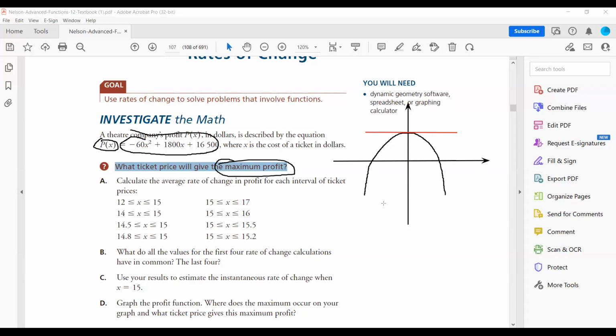For this particular case, this point would be the vertex because we're working with a polynomial function of second degree. When the function reaches its absolute maximum, that's where the solution for this problem would be. What ticket price will give the maximum profit?